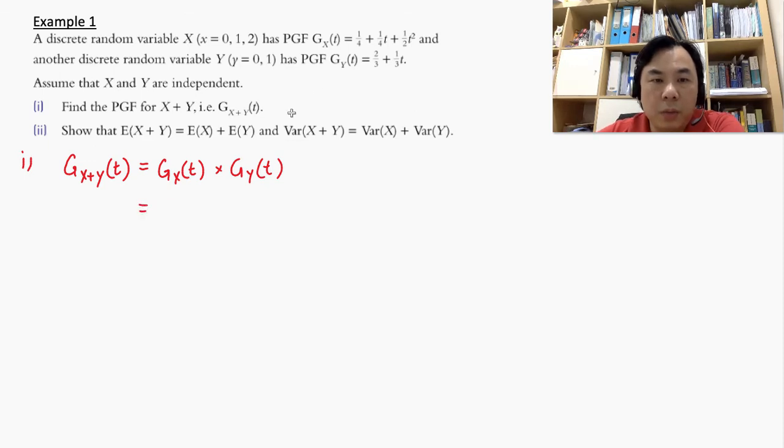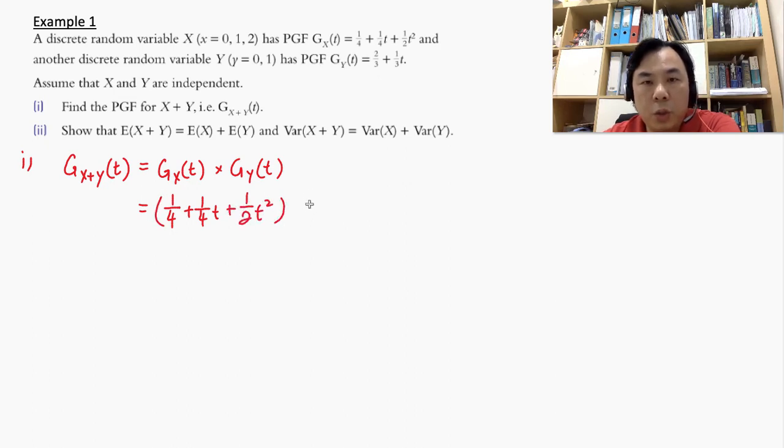Now we're going to make use of this by taking in whatever is given to us. That is 1/4 plus ... t, and then gy is given by this. Okay, you can see that that's what we have currently.